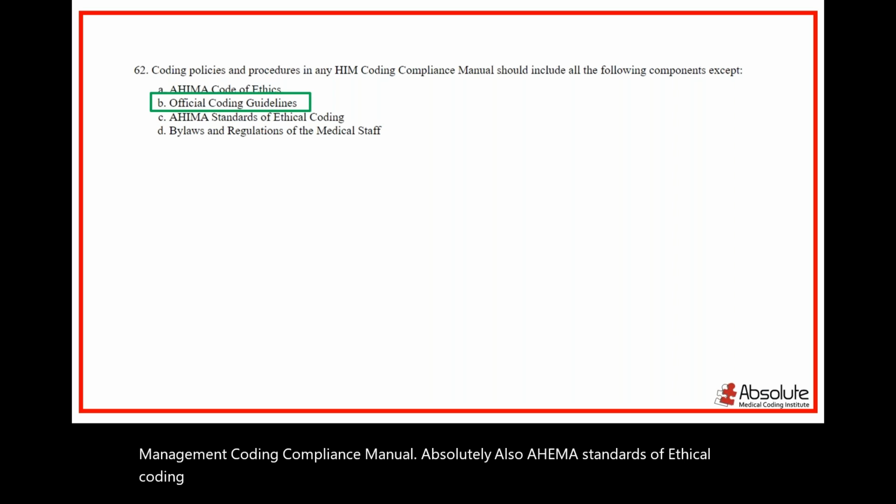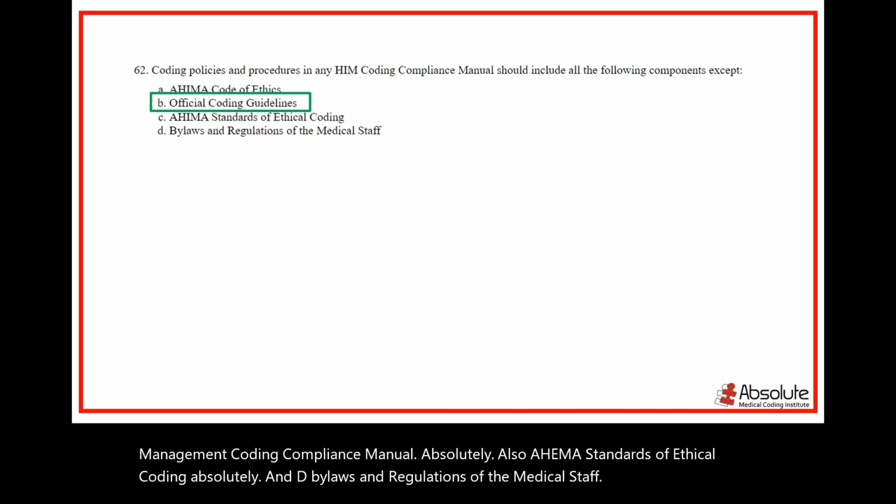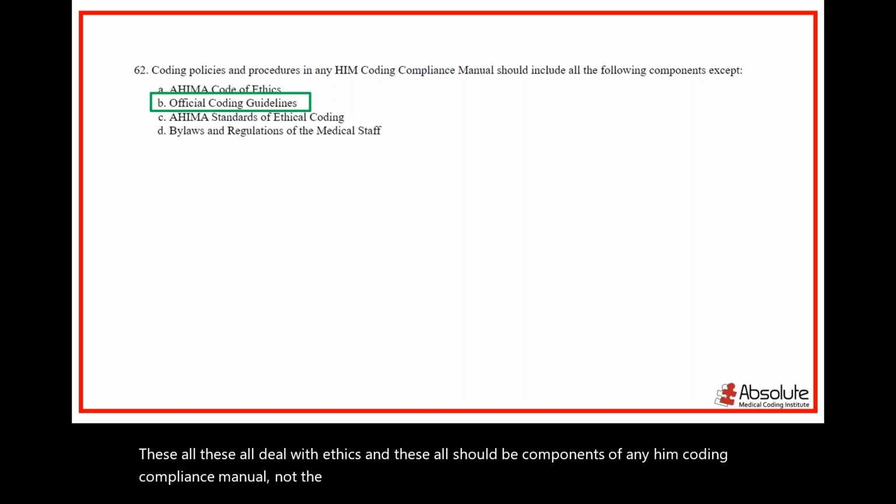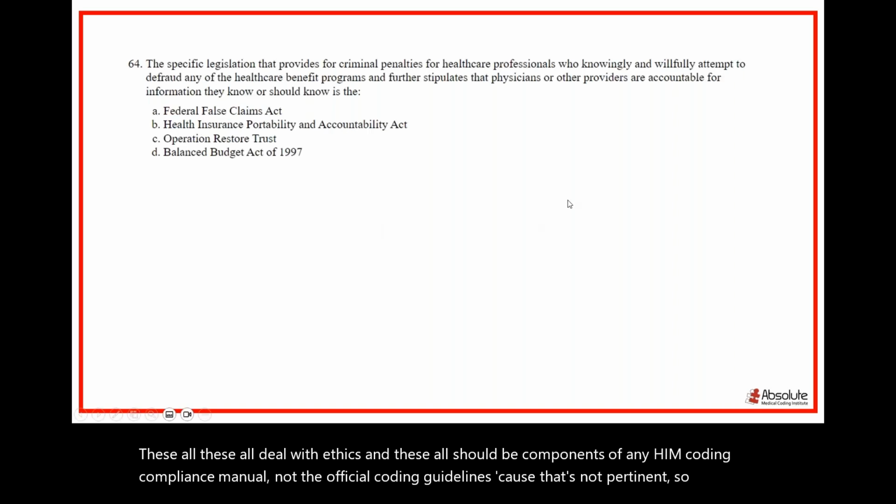And D, bylaws and regulations of the medical staff. These all deal with ethics, and these all should be components of any HIM coding compliance manual, not the official coding guidelines, because that's not pertinent. So I'm sure you got it right.